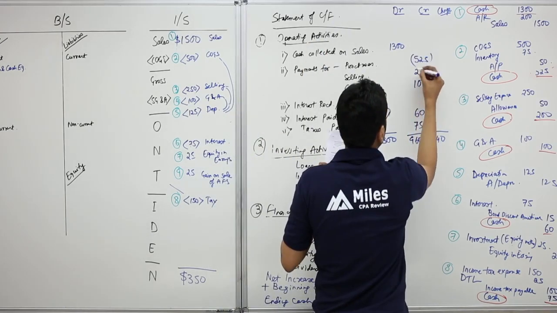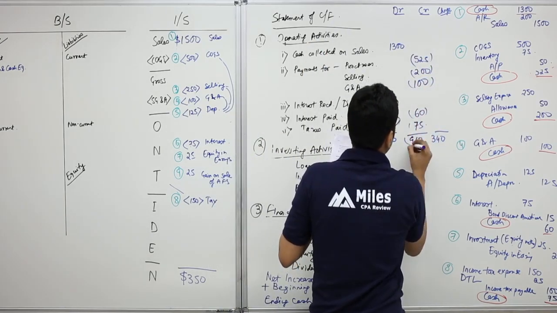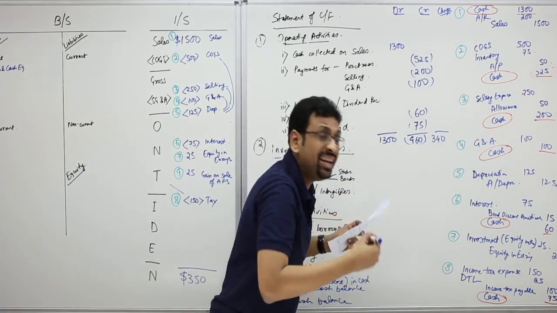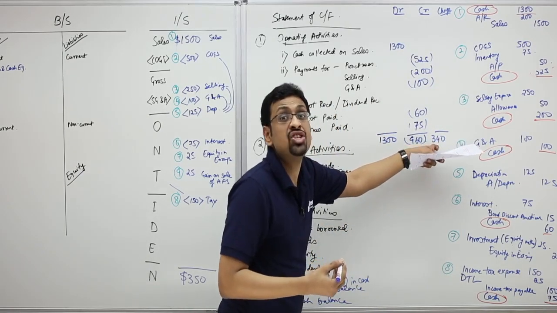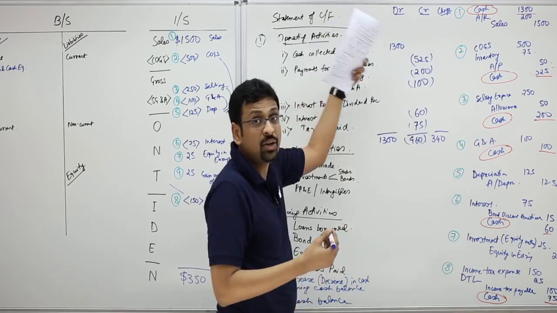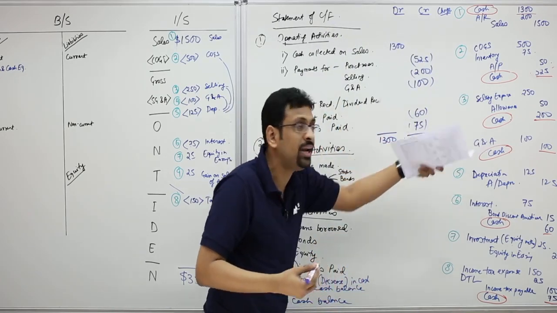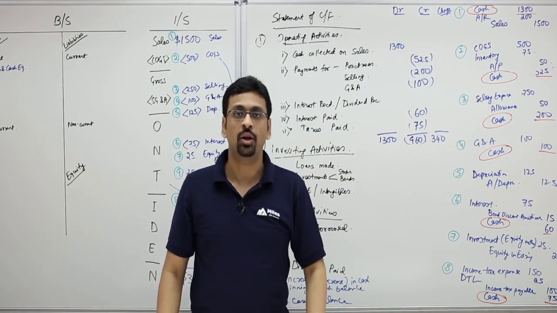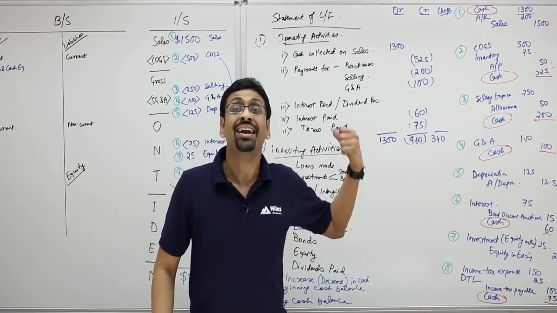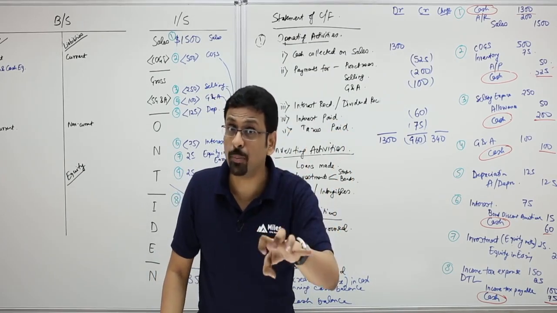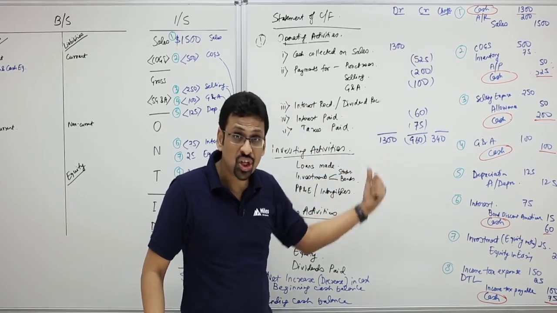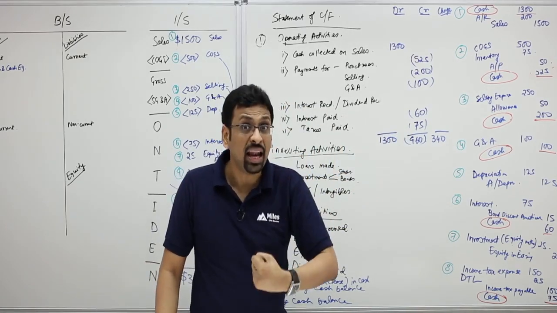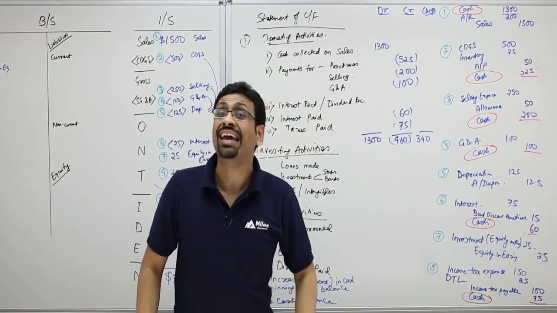Cash outflow 960. Net increase in cash, or net cash provided by operating activities, or the net cash inflow from operating, $340. This is the direct method. Now let's go to the book, look at the direct method journal entries, and we'll come back and I'll do the same problem using the indirect method.